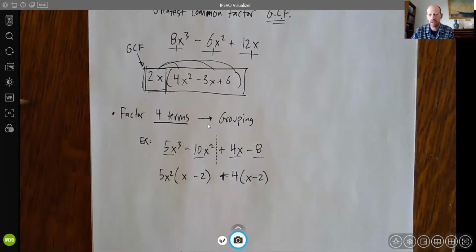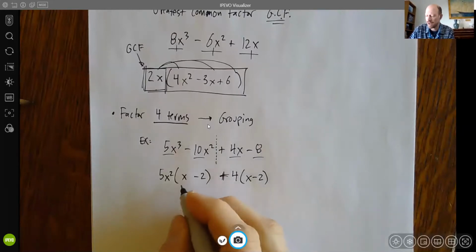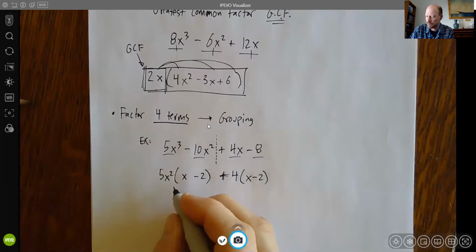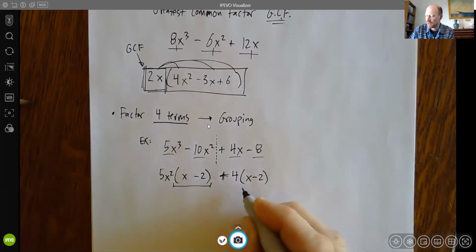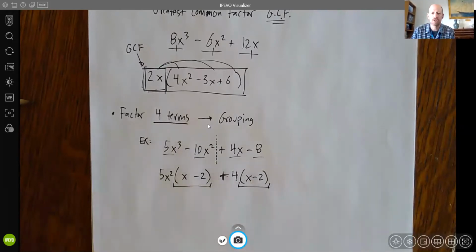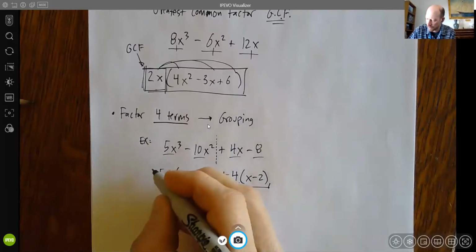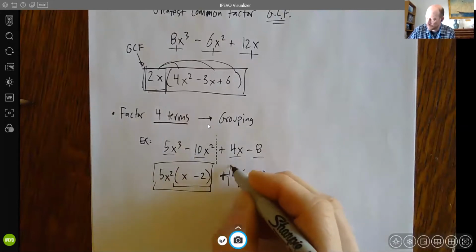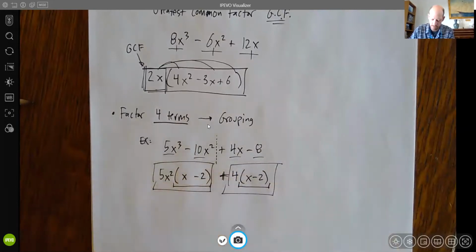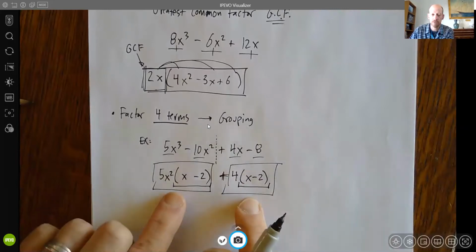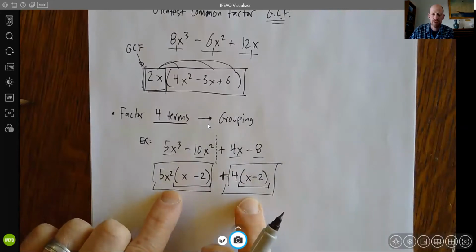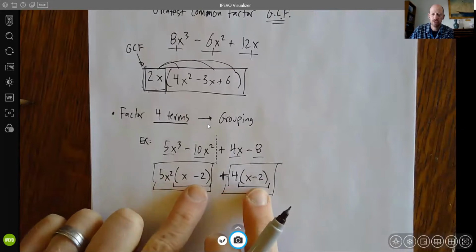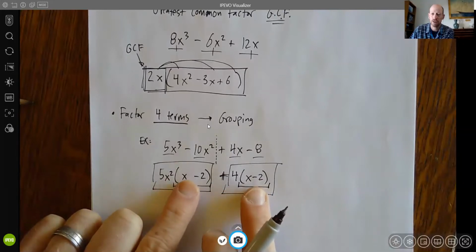But what's magical, right, about this grouping is that we end up with a common factor in both of these 2 pieces. So again, our perspective here has to change a little bit. The terms are here, and within these terms, each of those terms has an x minus 2 factor.